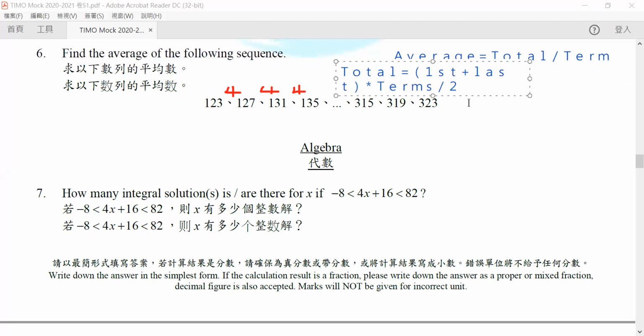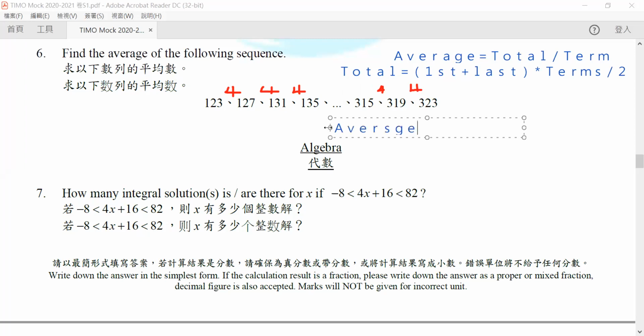So if we substitute this total into our average, then we get our final answer. The average would be equal to the first plus our last, and then we will divide them all by half.